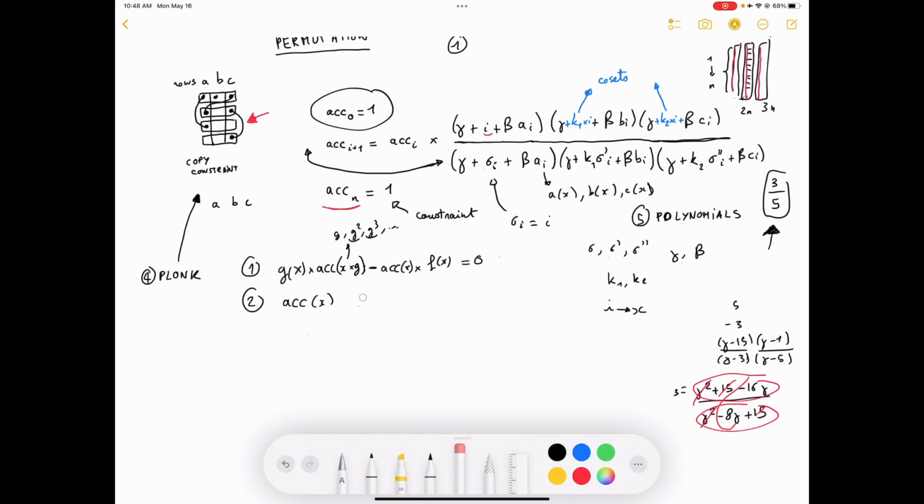The way you do this is that you say this is true for x equal g, which in Plonk is the first value. And third, the accumulator of x minus 1 equals 0 also for the last value, for x equals g to the n or something like that.